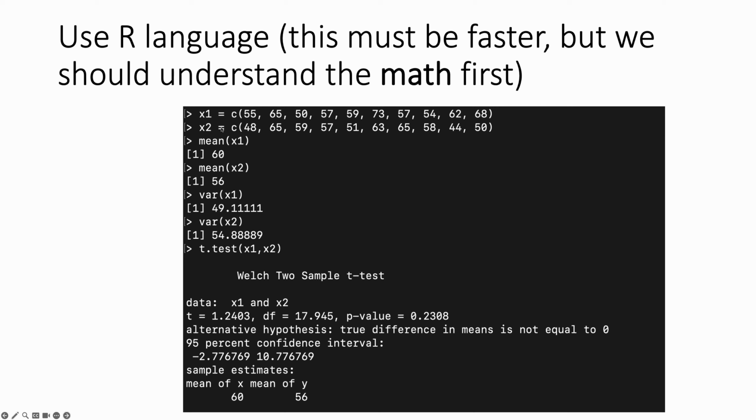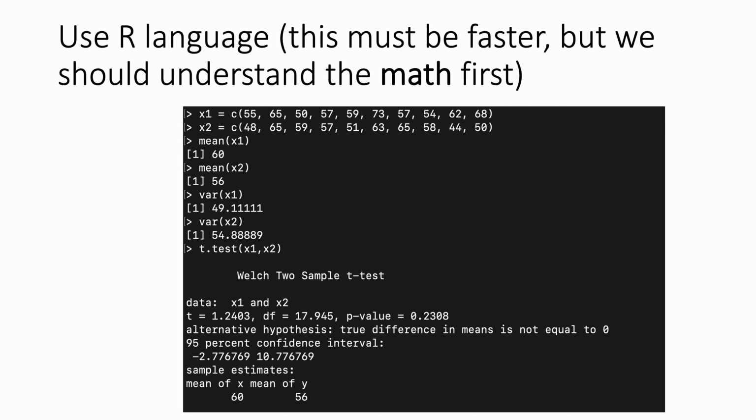Once we have this, we can calculate the mean by simply typing in mean(x1), which gives us our mean of 60, and then we can find the mean of the second group, which is 56, by typing in mean(x2). Then we find the variance by typing var(x1), and then we find the variance of the second group by typing var(x2).